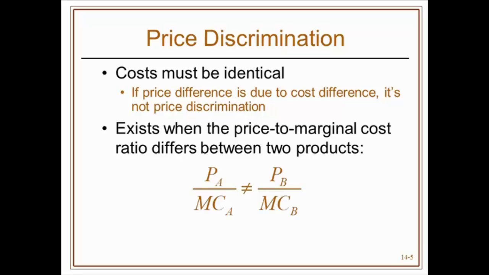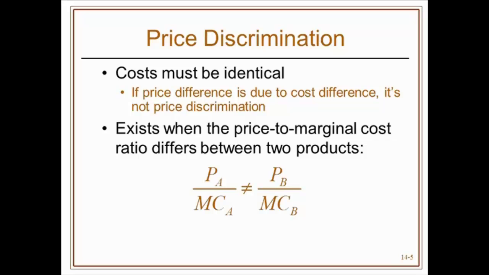And if it's possible for the firm to charge a high price to some people and a lower price to other people, there has to be this inequality between its costs, which again, as you can see above, we're presuming are fairly identical. There has to be this difference between the prices that the high demanders and the low demanders are paying. And again, presuming that their marginal costs are fairly similar, then the ability to price discriminate is going to exist when this price to marginal cost ratio is different.